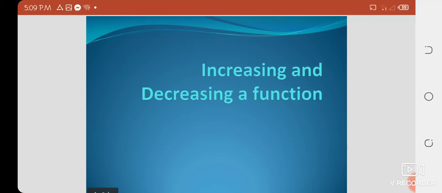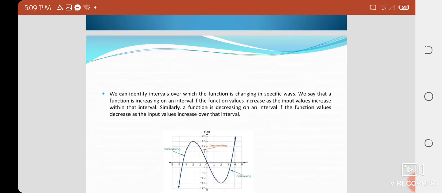Good day, everyone. So, we are going to tackle increasing and decreasing functions. We can identify intervals over which the function is changing in specific ways.